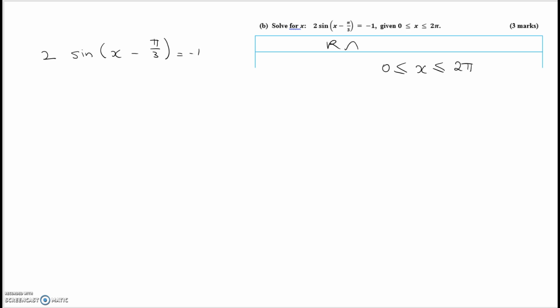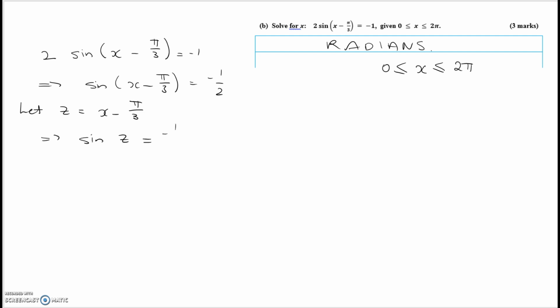So already that tells you your calculator needs to be in radians. Basic algebra first says that you get rid of the 2. Then you make a substitution. It's the easiest way, so that your original question then becomes that.